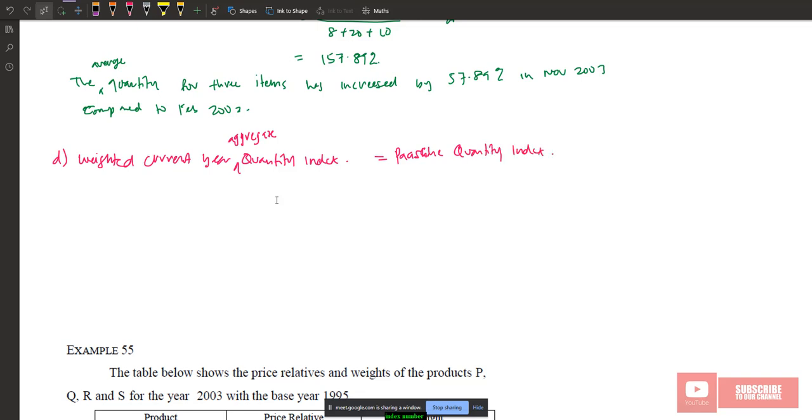Right. For Paasche quantity index, the formula should be summation of quantity in current year multiply with price in current year, divide by summation of quantity in base period multiply with price in current year, multiply with 100%.